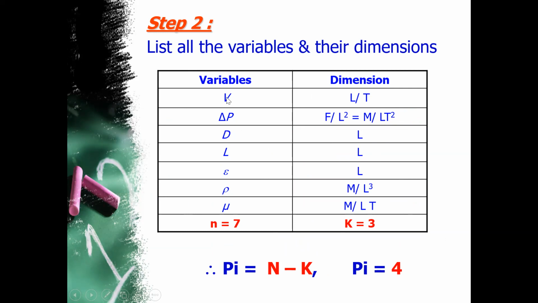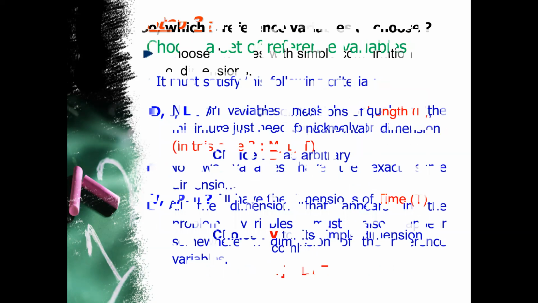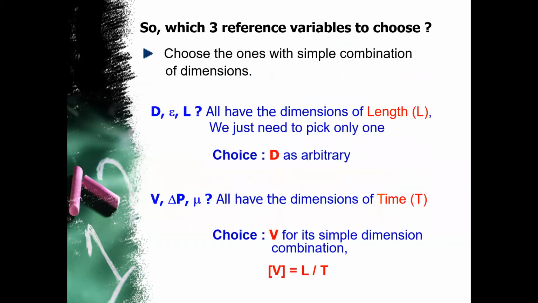So we take this one: velocity is equal to length over time. This will be the one that we should choose. Let's come back here. These are all the variables containing time, but we choose velocity because it's simple.